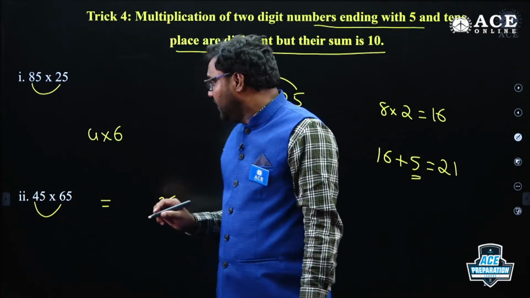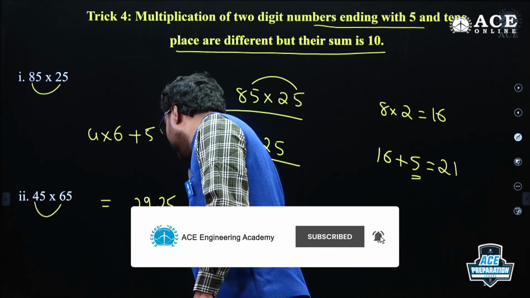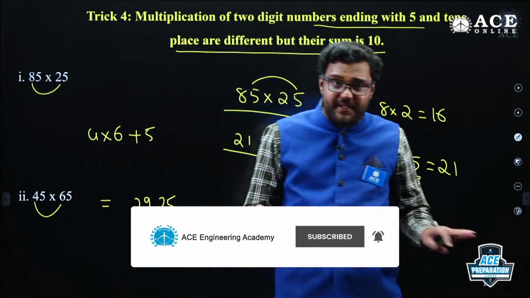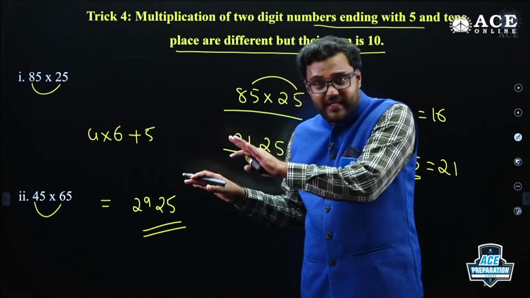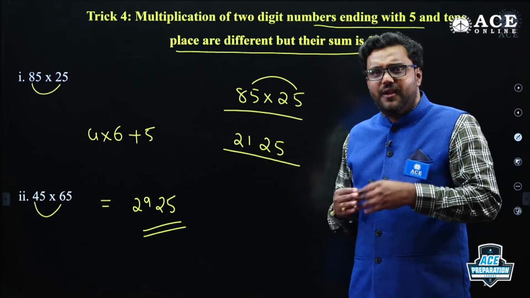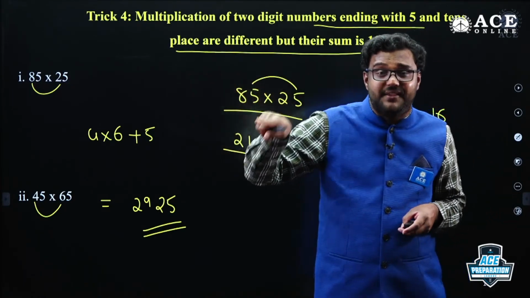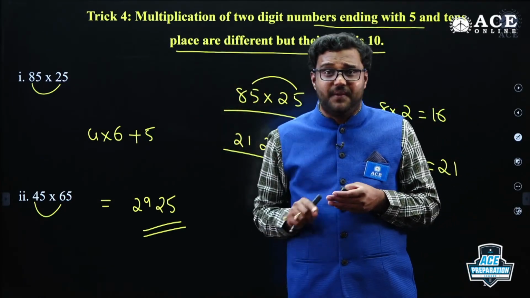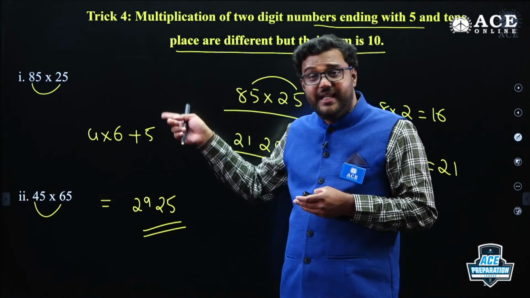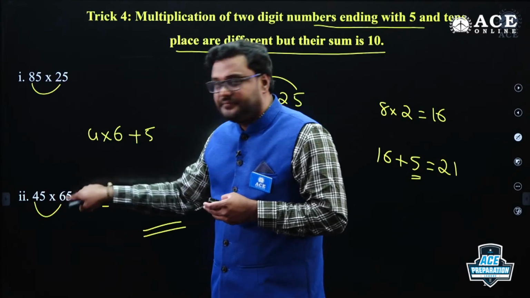You have to add 5 to that, so which is 2925. This is not for all numbers; how to apply for all numbers we will discuss. We started with some basics now. This is with some terms and conditions: previous question also ending with 5, square of a number ending with 5. Here, 2-digit numbers multiplication ending with 5 and tens place summation equal to 10.